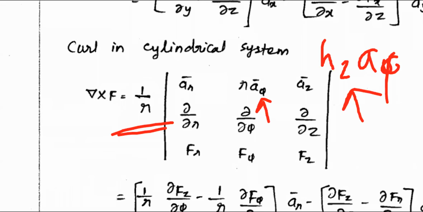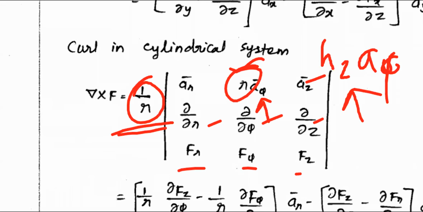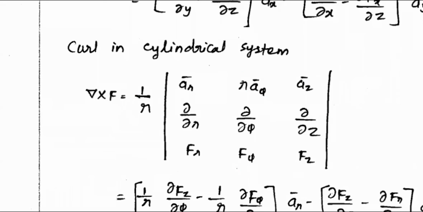Then what is h2? h2 is r, and the remaining you do as usual. Once you put these parameters correctly, everything is simple as usual. Then finally you have to calculate the determinant of the matrix.